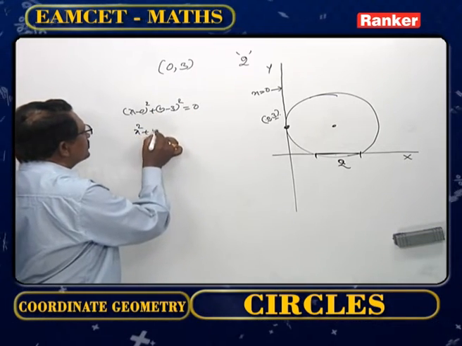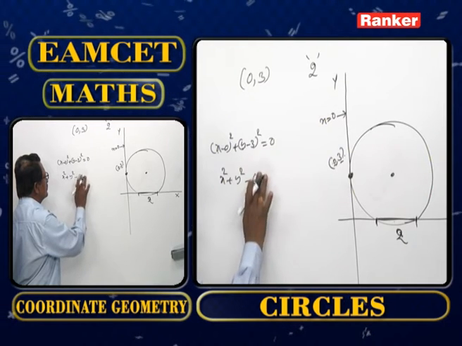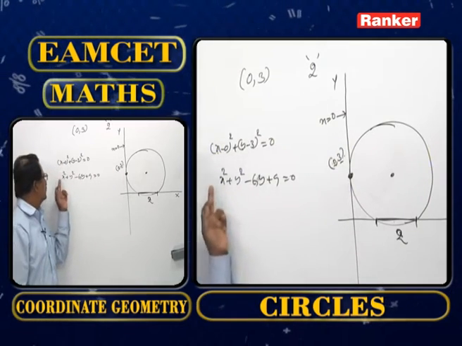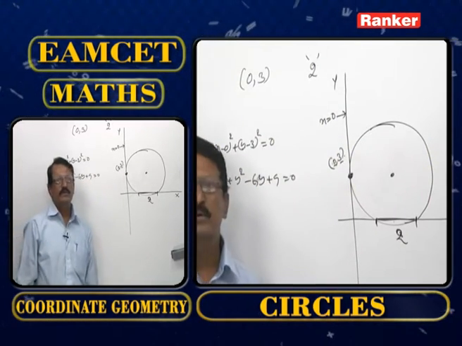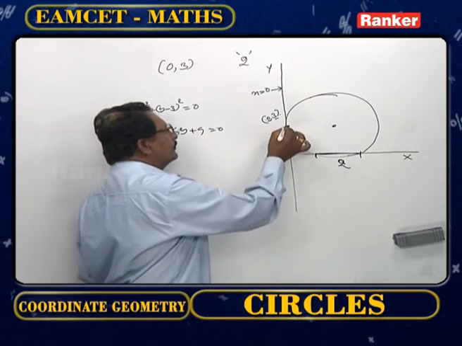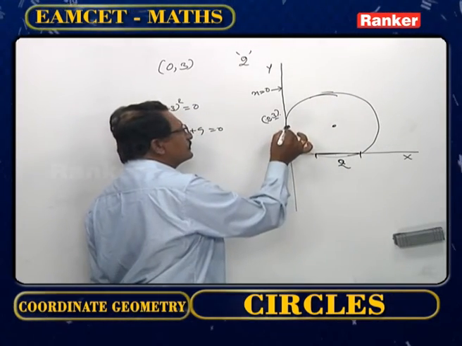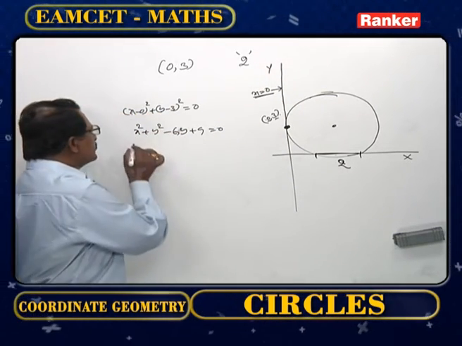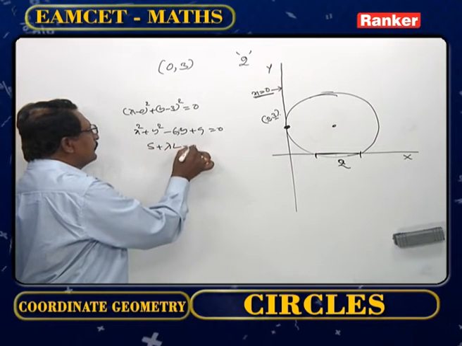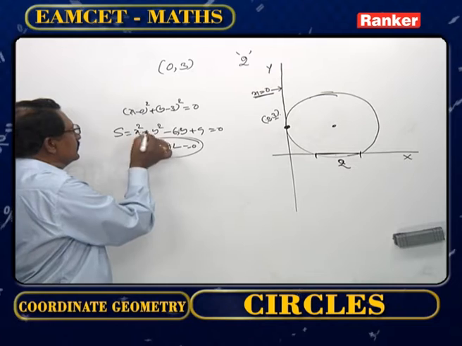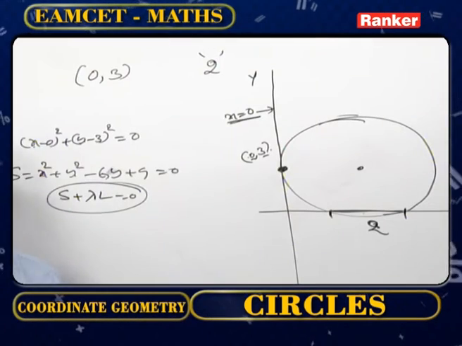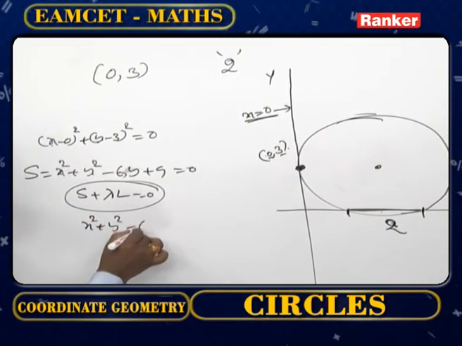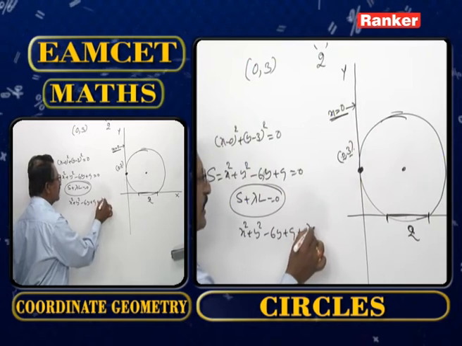Further simplifying, we get x square plus y square minus 6y plus 9 equals 0. Now the required circle passes through the points of intersection of the point circle and the y axis, x equals 0, so its equation must be of the form S plus lambda L equals 0. Here S is x square plus y square minus 6y plus 9, so x square plus y square minus 6y plus 9 plus lambda x equals 0.